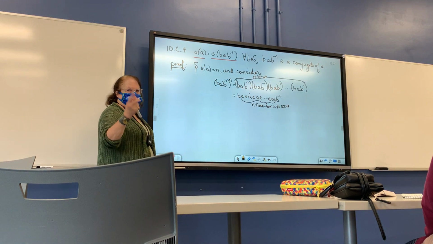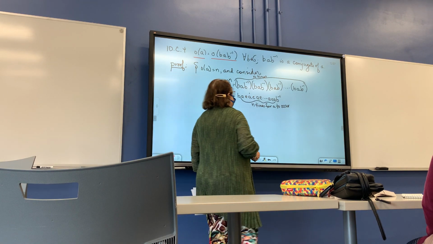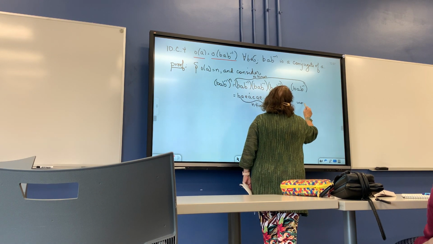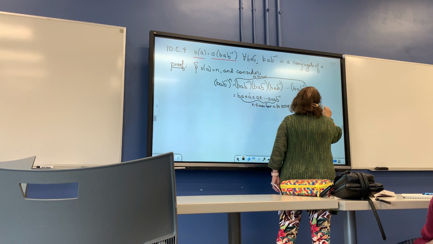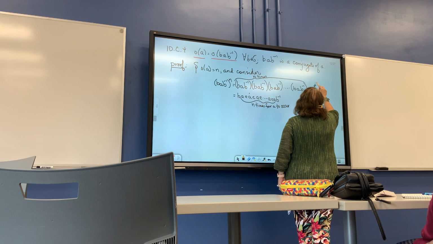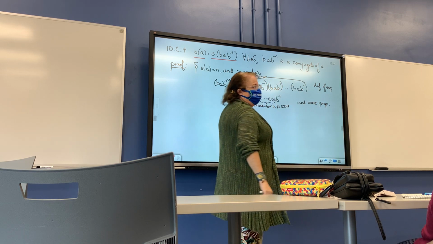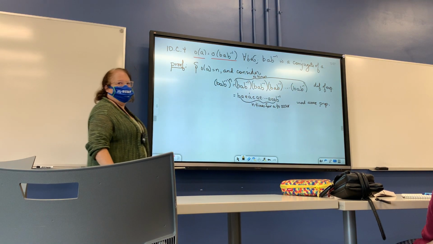Okay, and as Clay pointed out, we used the associative property. Up here, this is the definition of an exponent. If you said anything else, you were wrong. That's the only way to expand that.